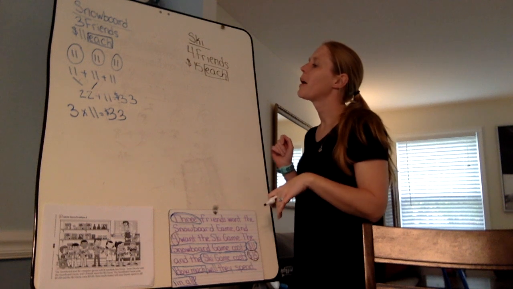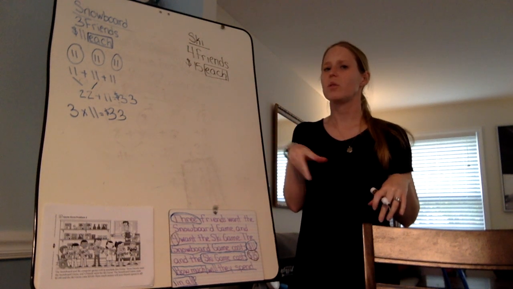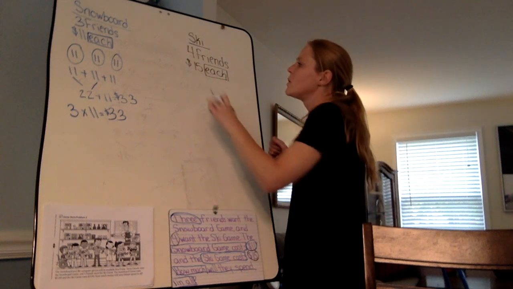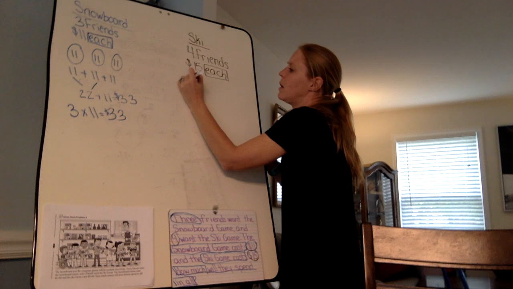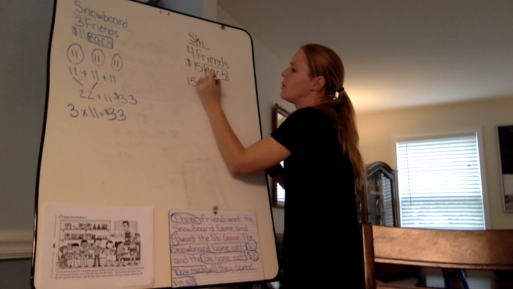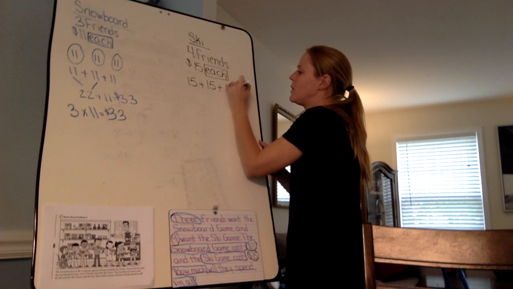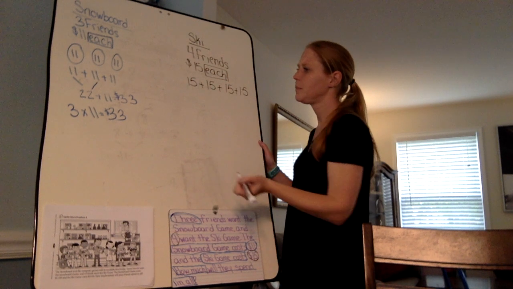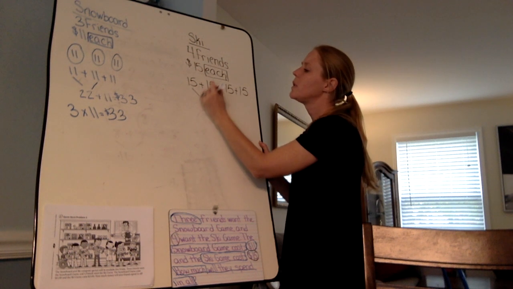So I'm going to go back through and, you know, at this time I think I'm just going to skip the loops and groups and go right to the addition. So I have to take 15 and add that 15 for each friend. So 15 plus 15 plus 15 plus 15. I know 15 plus 15.